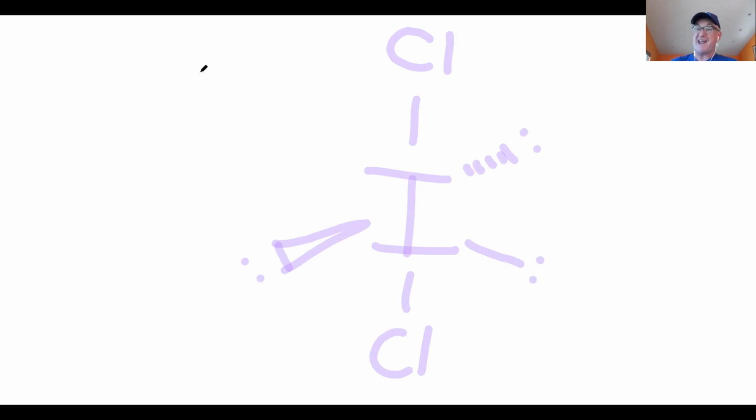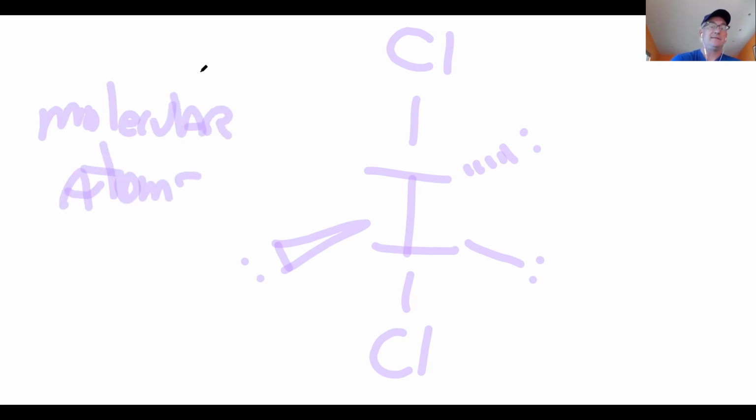Now, what shape is this? What molecular shape is that? T-shaped. No, remember, when we look at the molecular shape, we're only looking at the atoms. So atoms only. So linear. Right. That's a linear molecule.